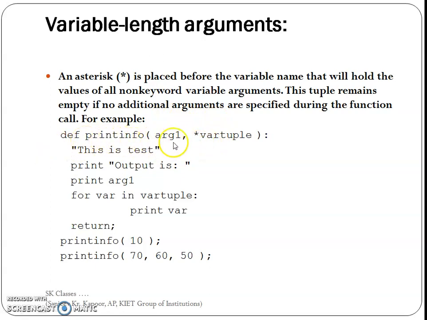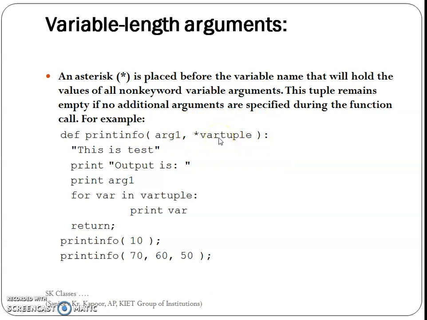In this particular example, argument 1 is mandatory. Whenever we call this function, it is mandatory. Even if we delete this, it will become totally optional, and n number of arguments could be passed. If argument 1 is passed and along with that some more parameters are passed, the extra parameters are stored in this star var tuple.